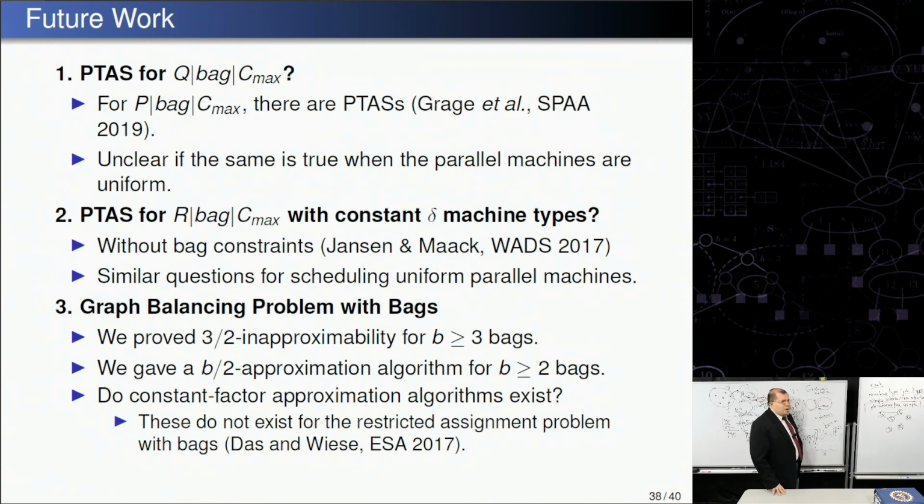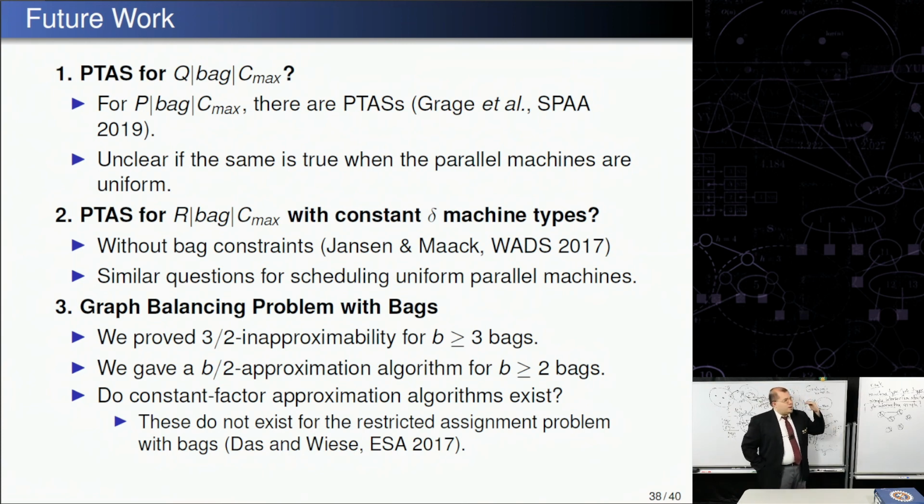So I want to wrap up this talk with some open problems to think about. I've already mentioned one, but I'll mention some other ones here. These are involving the bag constraints. The first one is that we do not know if there's a PTAS for uniform parallel machine scheduling. Keep in mind, I'm not even talking about eligibility constraints here.